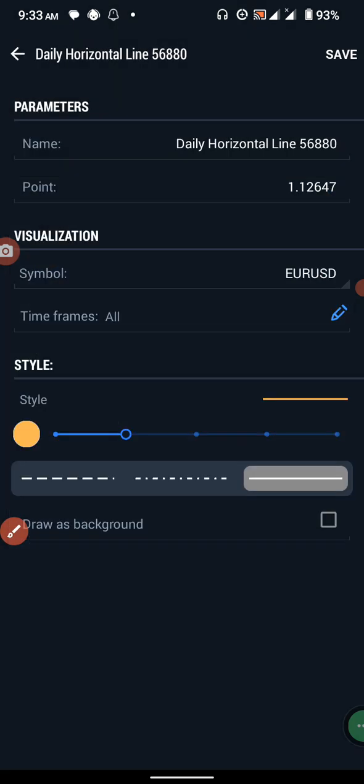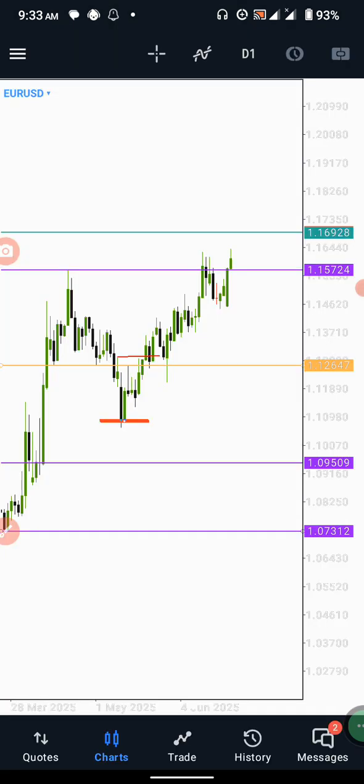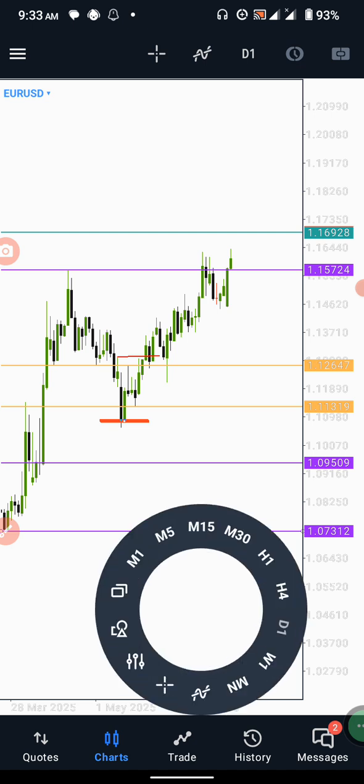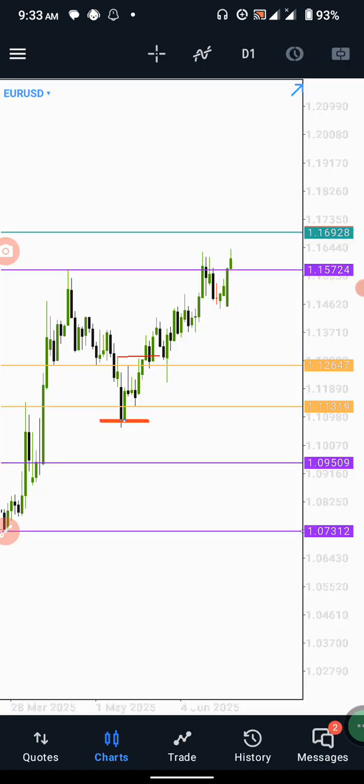So don't wonder where I am labeling. I'm labeling the inside formation from this high to this low, then we shifted. The market made this low, this high, this low, and this inside formation before shifting. So now I'm going to focus on this area of liquidity.